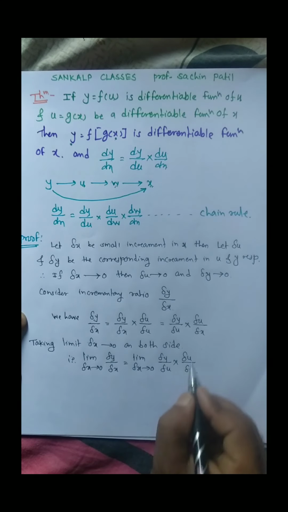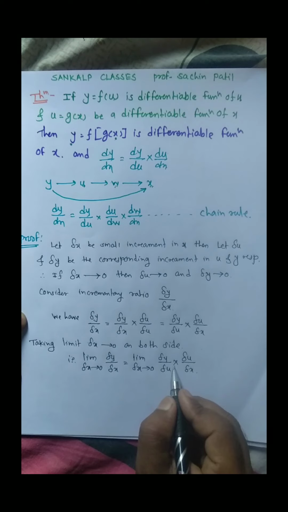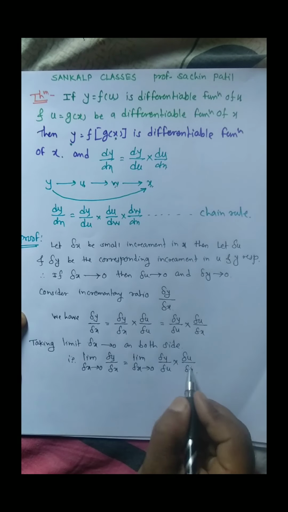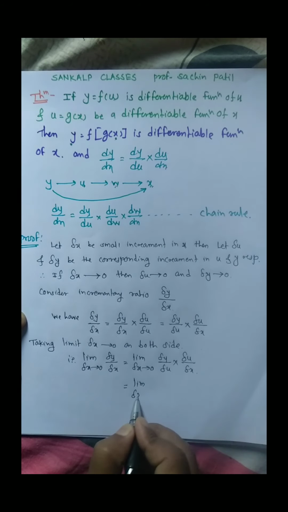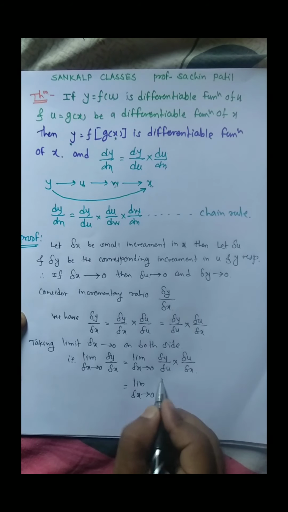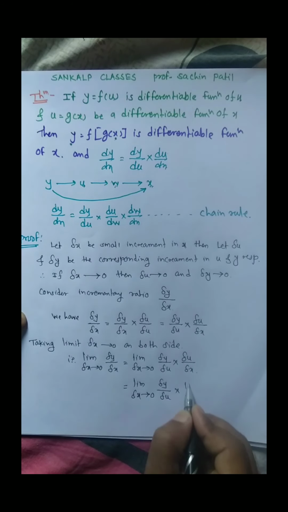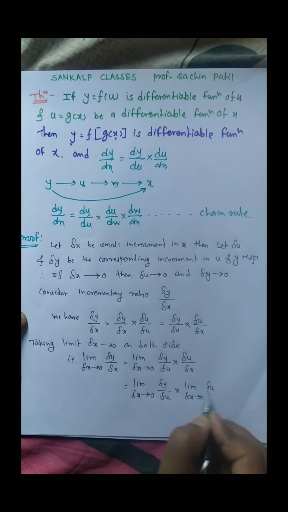Now these are two functions, and for the multiplication of those functions, you will take the limit separately and multiply. You will get limit of delta x tends to 0, delta y divided by delta u into limit of delta x tends to 0, delta u divided by delta x.